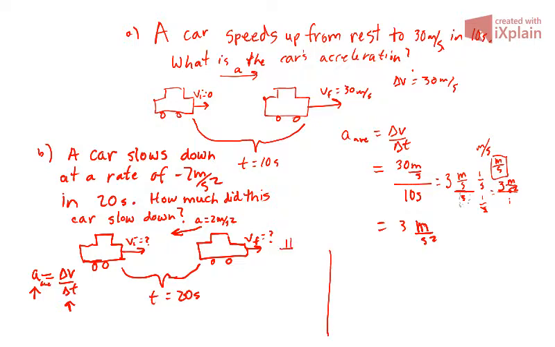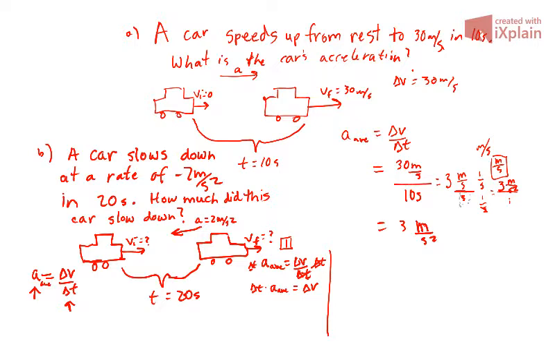Version 1 will be what I showed you before. A average equals delta v over delta t. And we want to find the delta v, so I'm going to multiply both sides by delta t. So we've got delta t times A average equals delta v.